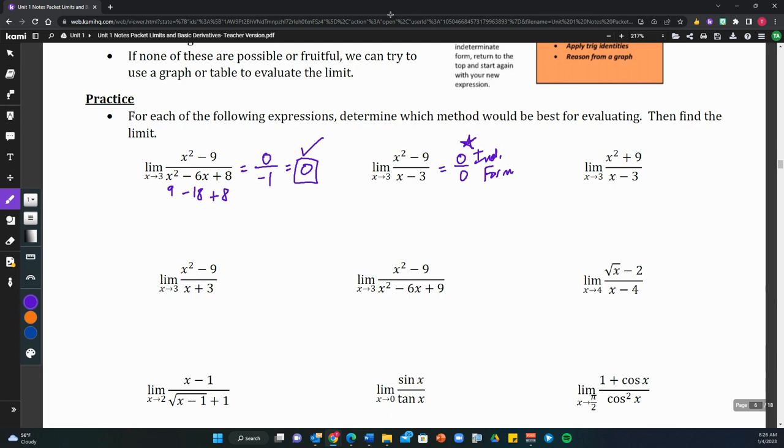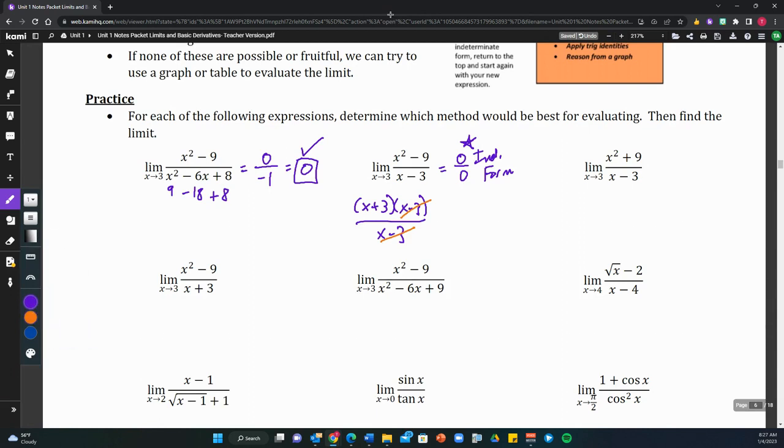So let's explore that. X squared minus 9 factors to be x plus 3, x minus 3. Our denominator is a linear expression, so there's no factoring involved there, no GCF to be pulled out. Once you finish factoring, look for common factors in the top and bottom. In this case, x minus 3 is a common factor, which means they cancel each other out.